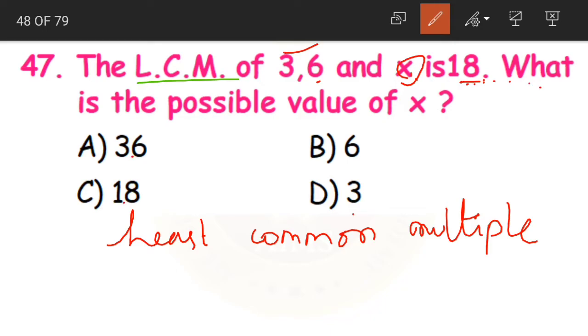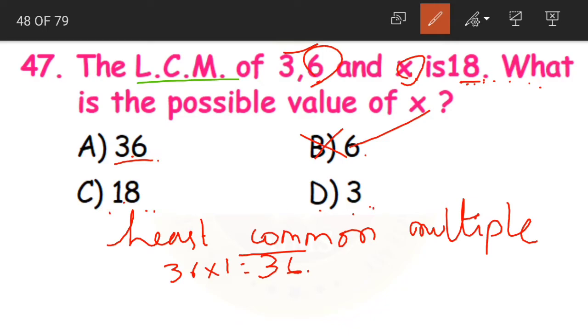Now if you look at the options, option A, 36. See, the 36 table starts with 36 only. So there is no way that 18 is a multiple of 36. Option B, 6. 6 is already given, so B cannot be our answer. Again option C, 18. Now is 18 a multiple of 18? Yes, 18 ones are 18.